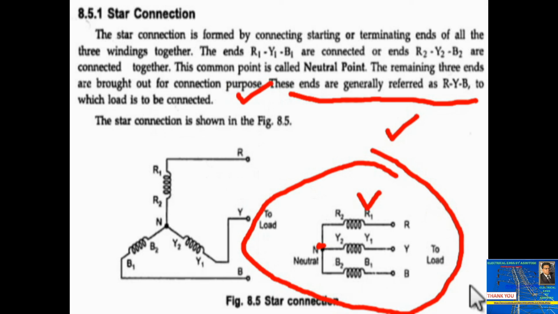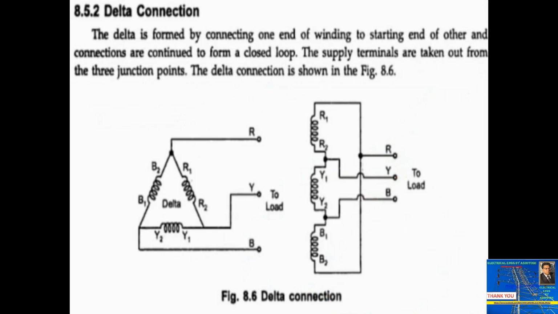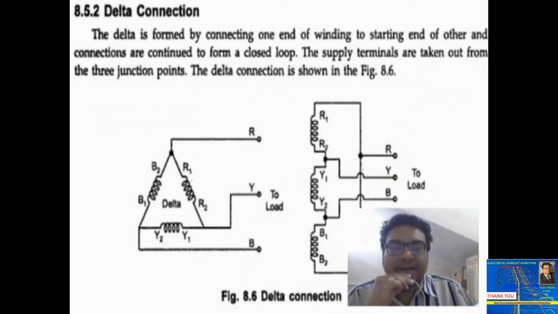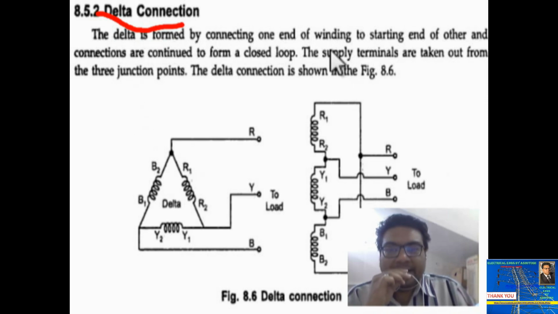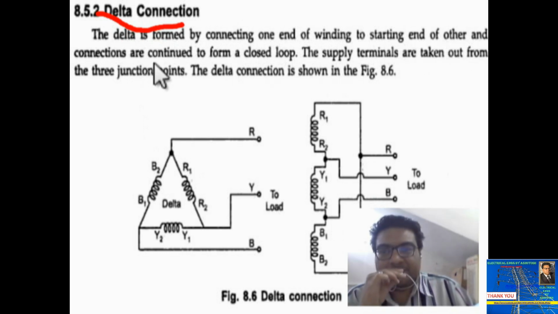Now we will see the second connection, which is a delta connection. So see guys, this is called delta connection. Delta is formed by connecting one end of a winding to the starting end of the other winding, and connections are continued to form a closed loop.